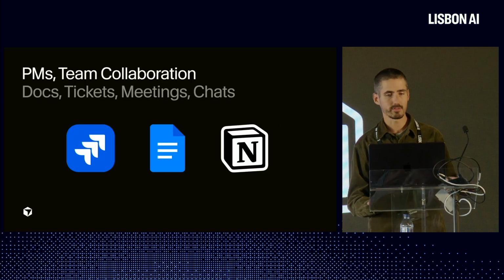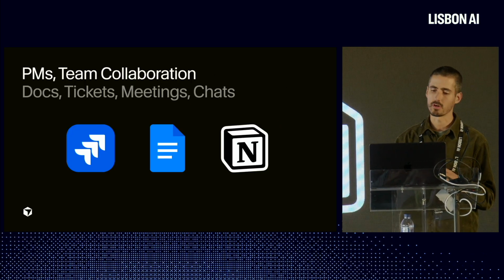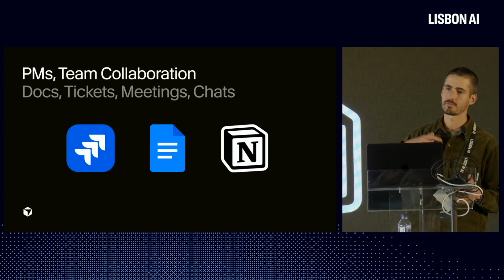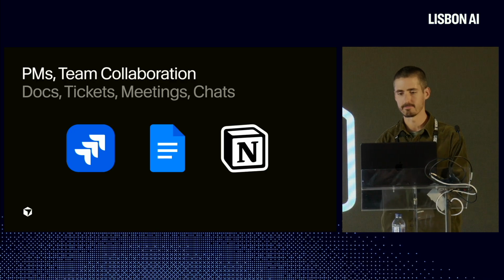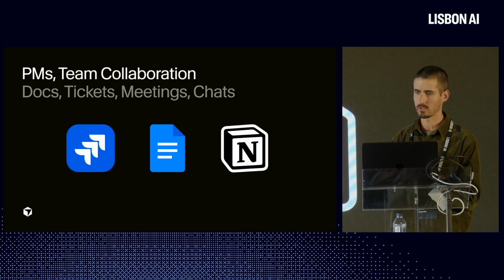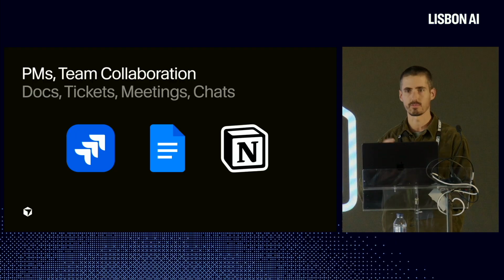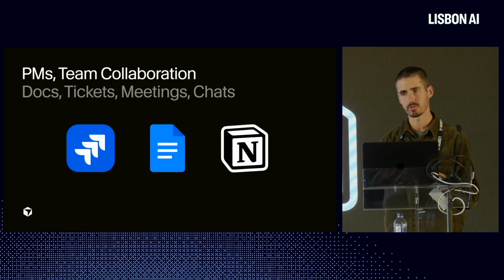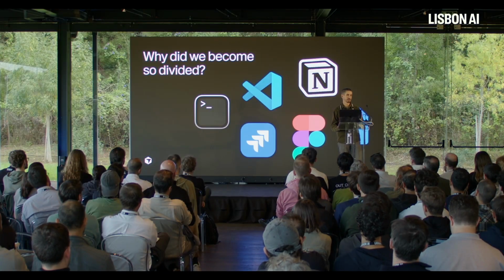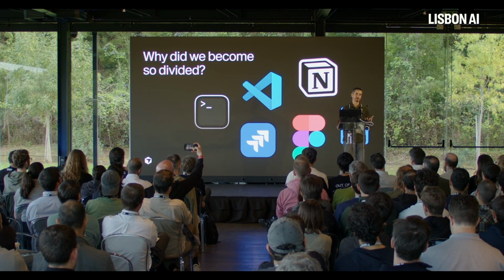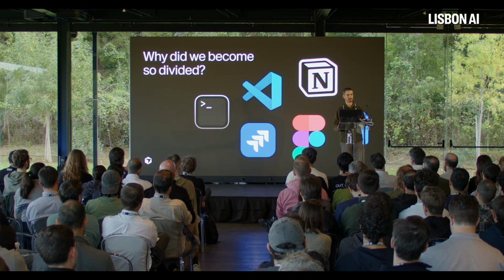On the product management side, we're also compartmentalized. We've got different tools for docs and for tasks. And again, I want to give credit to Notion. Notion has done a lot here to try to bring things together in terms of task management and docs and RFCs and specs. But at the end of the day, we are still very, very divided. And I don't think this makes sense for 80% of products being built.